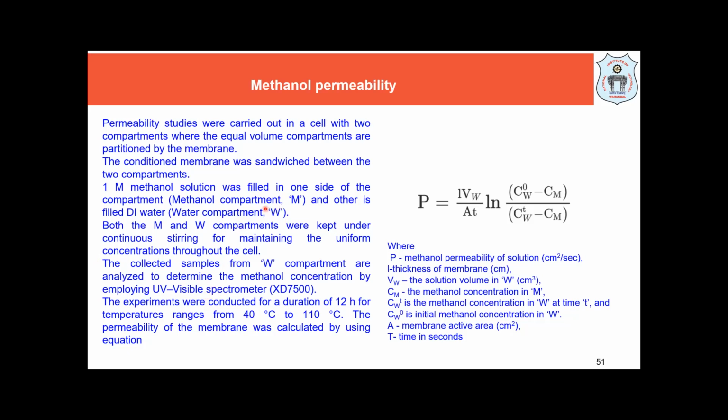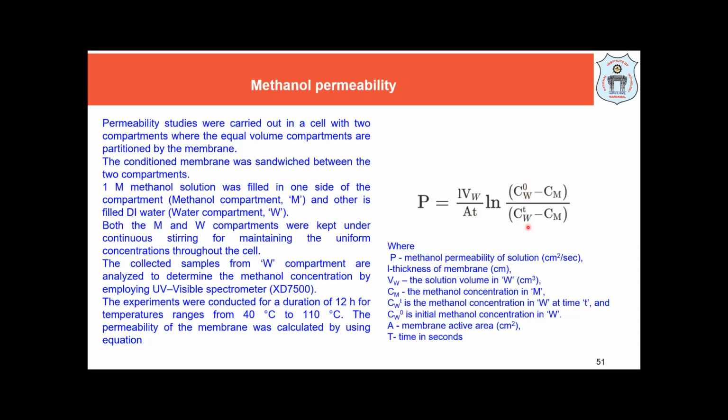Okay, so it's like you have a barrier. One side we have methanol, another side we have pure water. There is a change in concentration, there is a driving force, so there will be crossover of the methanol. What is taking place can be used to calculate the methanol permeability using the formula, where L is the thickness, P equal to L into VW, where VW is the solution volume of W, A is the membrane active area, and T is the time in seconds.